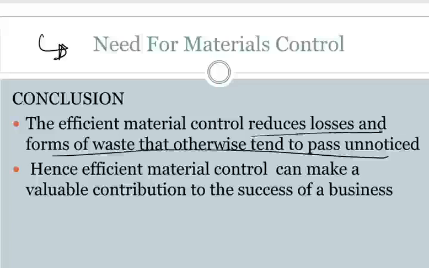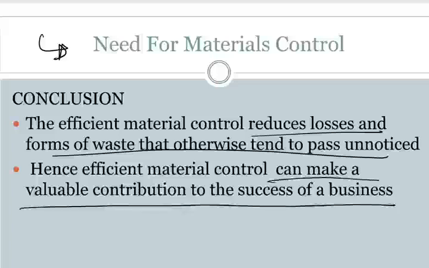Hence, effective material control can make a valuable contribution to the success of a company. If we manage our inventory very effectively and efficiently, this should contribute to the success of a company.